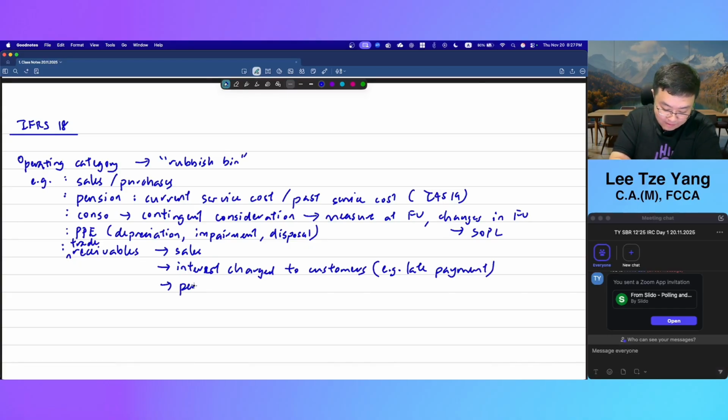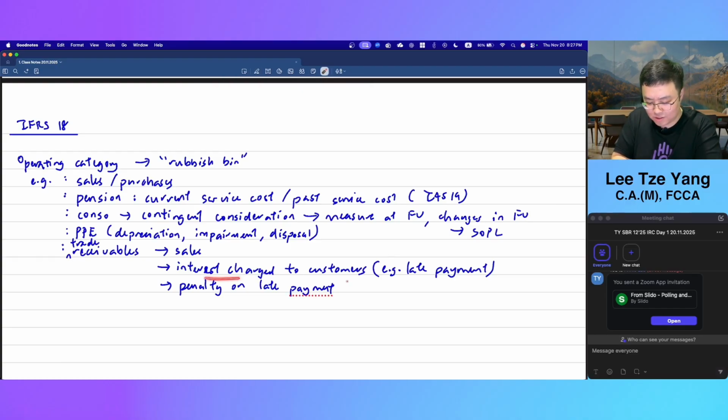Sometimes they call it penalty on late payment. This area used to confuse me also. I thought, interest charge to customer, is it under investing? No, it cannot be investing because trade receivable is your main customer. It is actually part of your operation. You earn the interest, so this interest income is under operating.